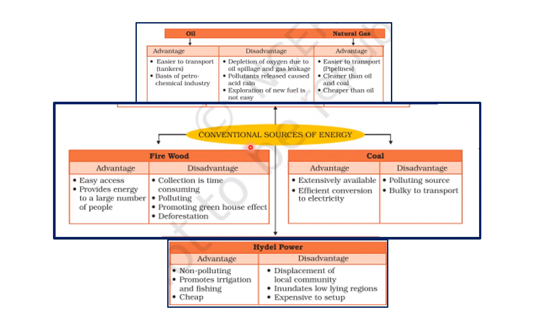Another conventional source of energy: firewood. Advantages: easily accessible, it provides energy to a large number of people. It is used on a large scale, especially in rural areas all over the world. Its disadvantages: collection is time consuming. First, it takes time in gathering firewood.